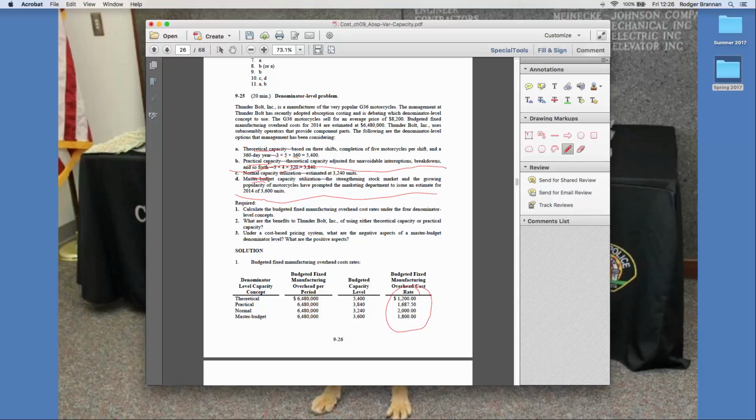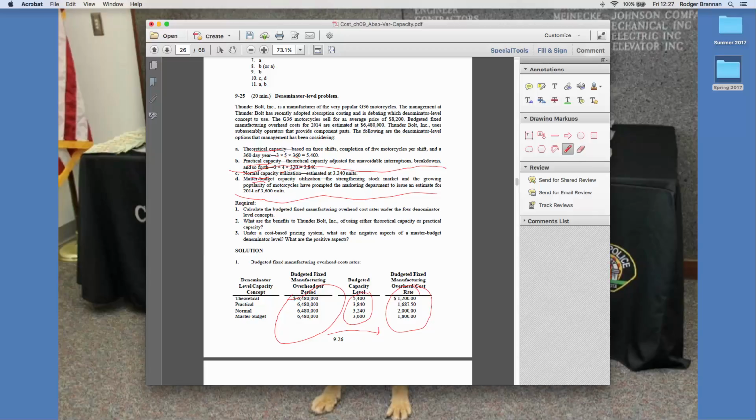Well, given that this amount is fixed, that's not going to change. This is what's changing, my level of capacity, so that I am coming up with this predetermined overhead rate. That is, I'm taking that, dividing it by an activity, that is my production, and I'm going to allocate that fixed manufacturing overhead to each product based on that level of capacity.